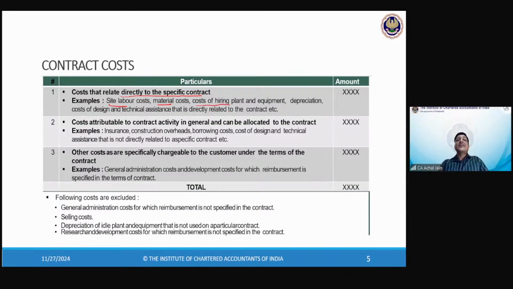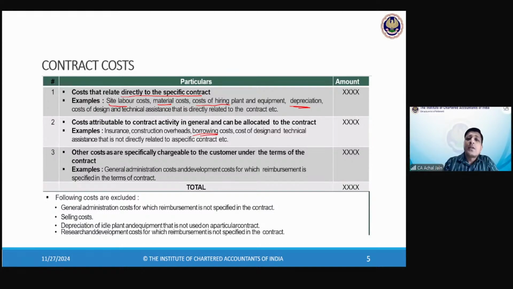Or if the contractor owns that machine and is using it, then the depreciation on the machine. Similarly, the contractor may engage a consultant, a professional, or a technical person for the construction. Similarly, a contractor may incur some borrowing cost. That means the contractor may have taken a loan in respect of construction of the asset or the building on which interest is required to be paid.